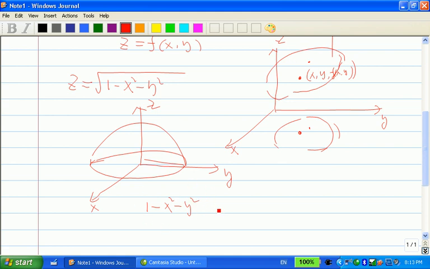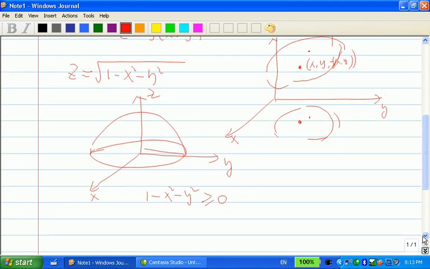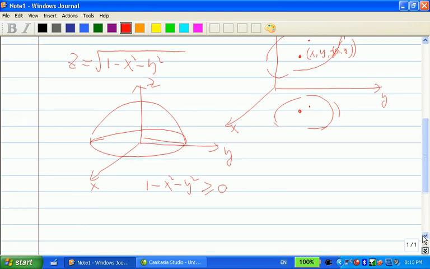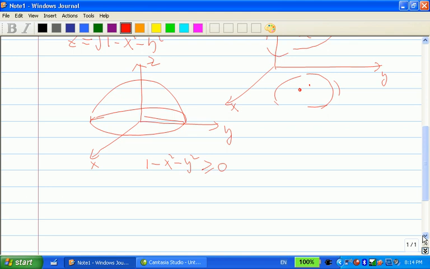So we want this total quantity non-negative, otherwise the square root function doesn't make sense, it's not defined. So the domain of this function of two variables is all the points (x, y) in the xy plane such that 1 minus x squared minus y squared is greater than or equal to 0.